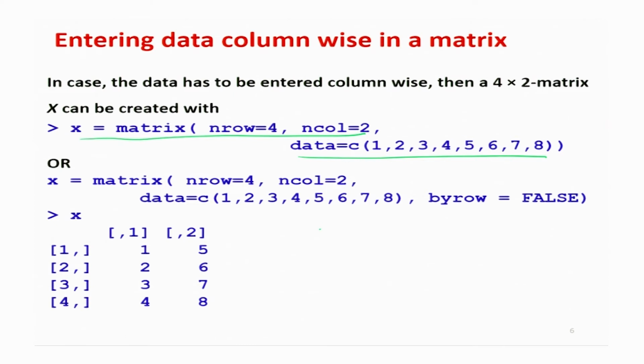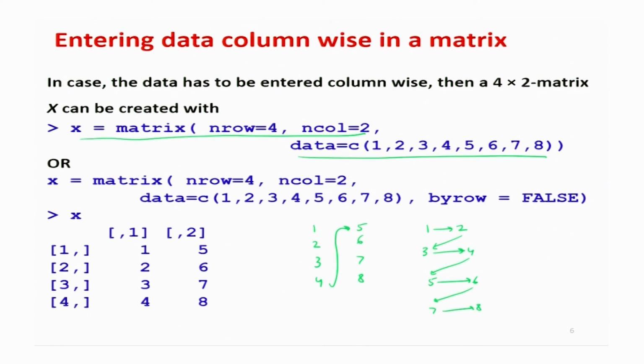When you enter the data column wise from 1 to 8, it goes 1, 2, 3, 4 and then goes to the second column 5, 6, 7, 8. But when you want to write the data row wise, it means that after 1, the 2 will be assigned in the second column, then it comes to 3 and then to 4, then 5 in the first column and 6 in the second column, then 7 in the first column and 8 in the second column.